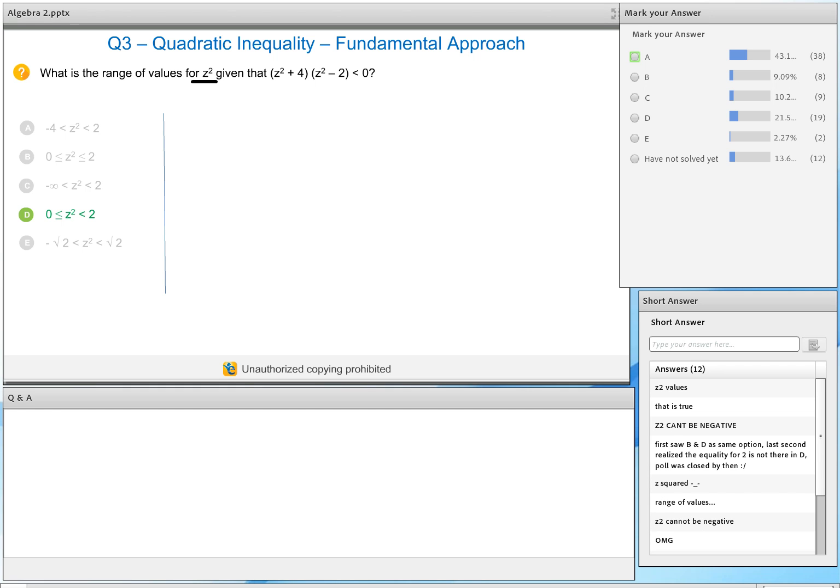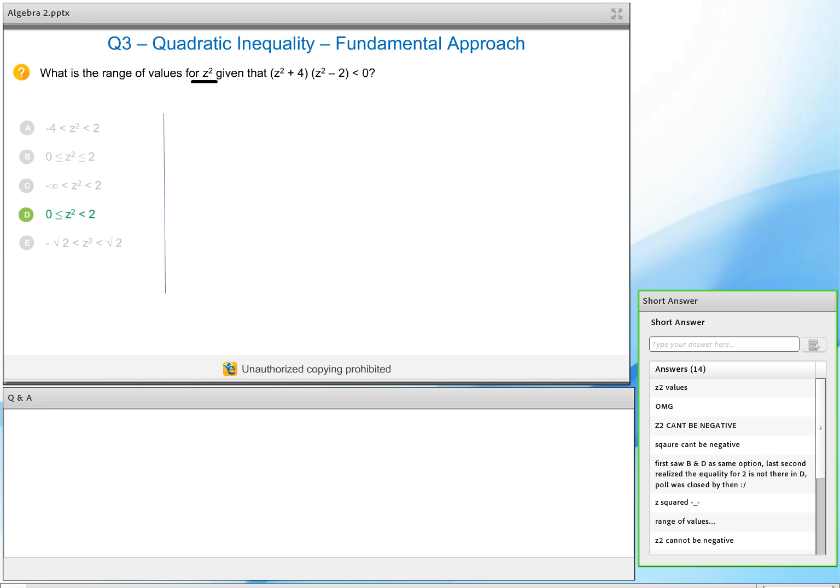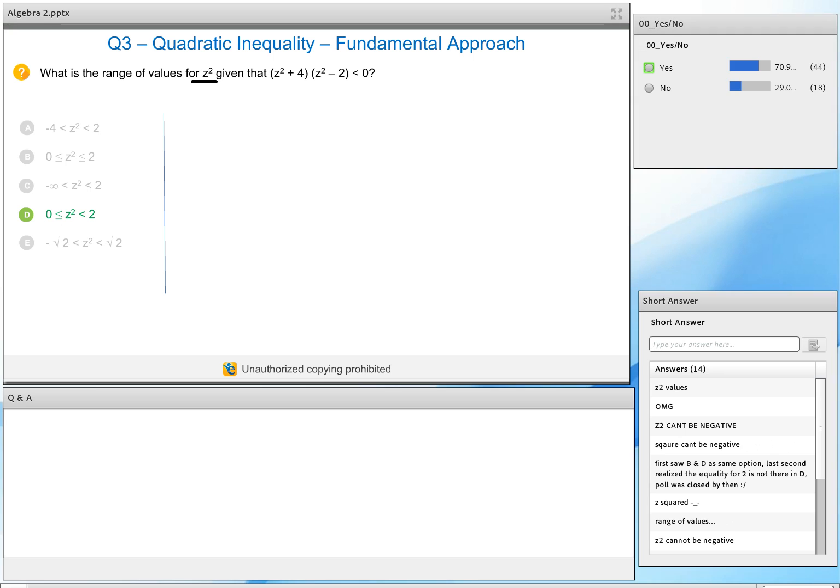I see that OMG also coming about. So tell me now, can Z squared be any value that's less than 0? Z squared cannot be negative. Absolutely right. So this is again the case of you not making a note of the constraints that are there in the question statement. This is what I was talking about as a conceptual constraint.